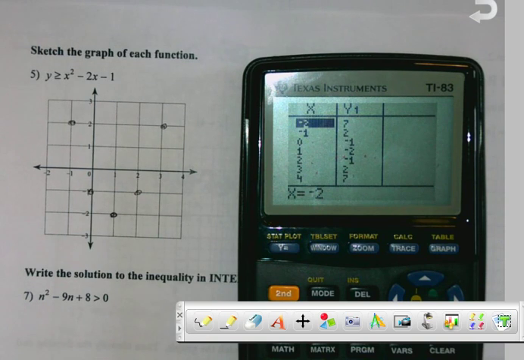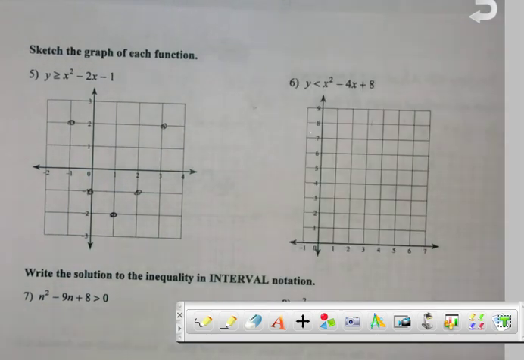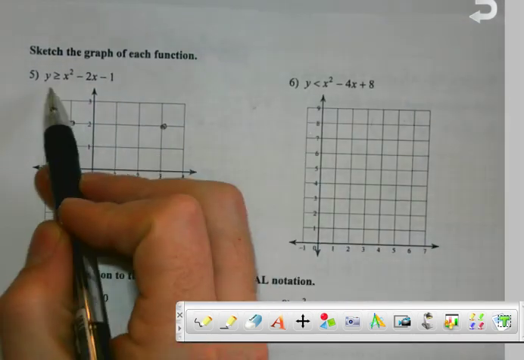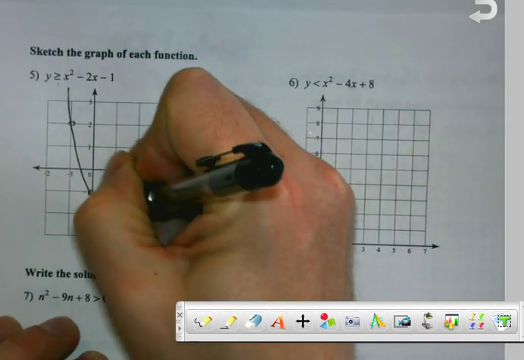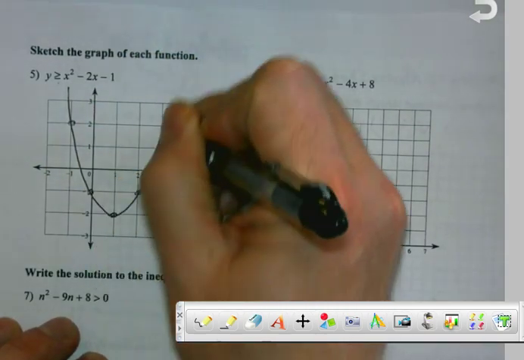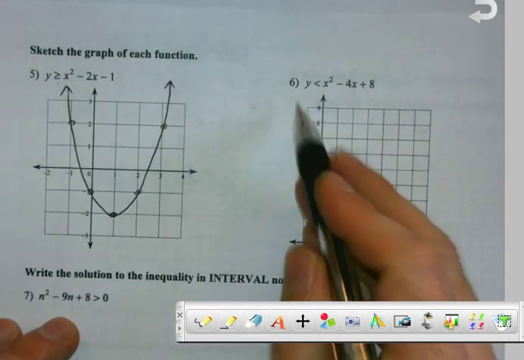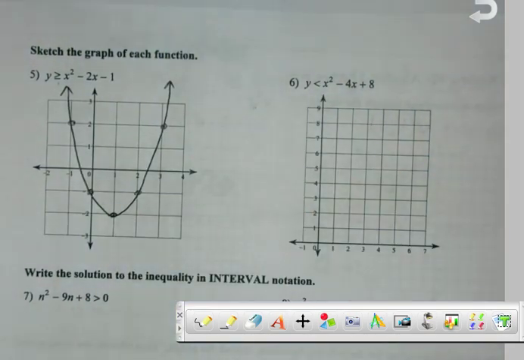How do I figure that out? Right. If it's or equal to, I've got myself a solid parabola to work with. If it's not, then I have to do dotted. That's how I show the difference between those.